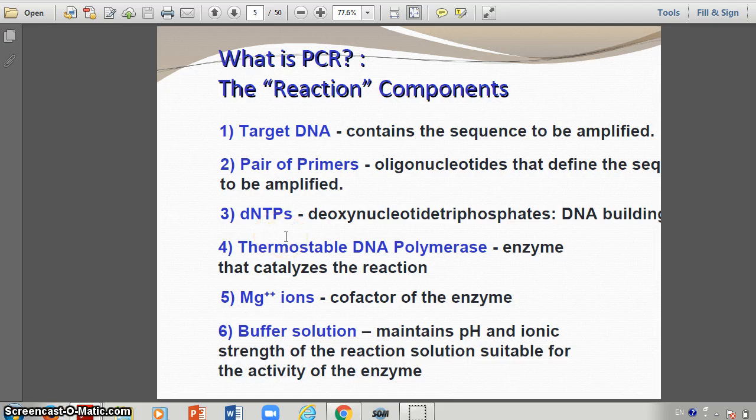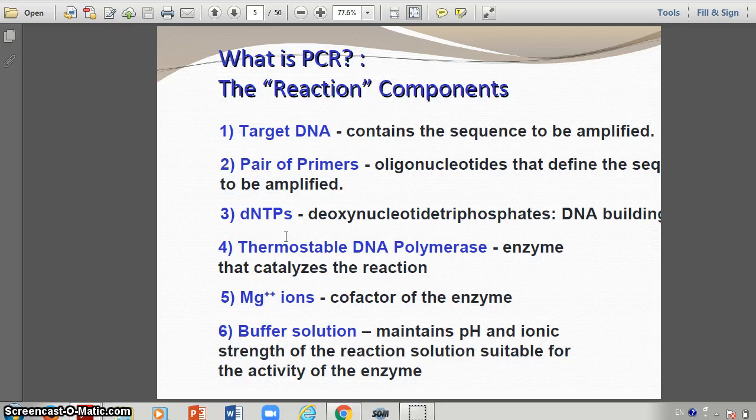Keep in mind the DNA polymerase used in PCR is thermostable, meaning at high temperature it will not denature. Its activity remains the same and is not affected at high temperature. That's why thermostable DNA polymerase is used in PCR.